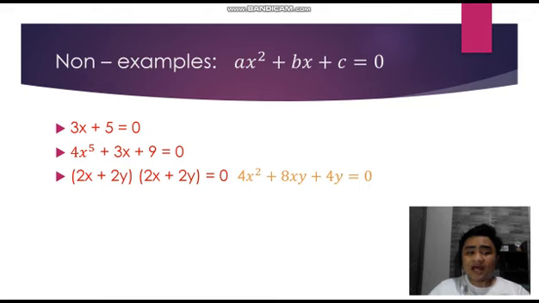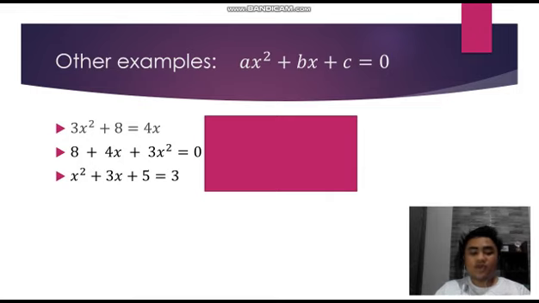Although we can see real numbers a, b, and c, the exponent in that example is 5, and we can only say an equation is quadratic if the highest exponent is 2. Third, it's still not a quadratic equation. Although it is not yet simplified, if you simplify it, it does not follow the quadratic equation standard form.